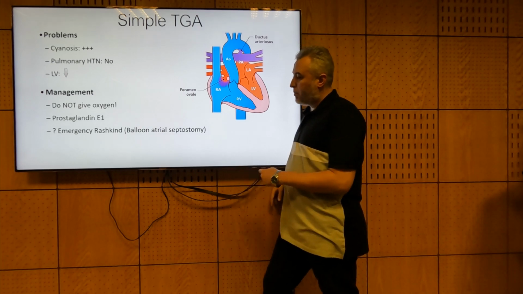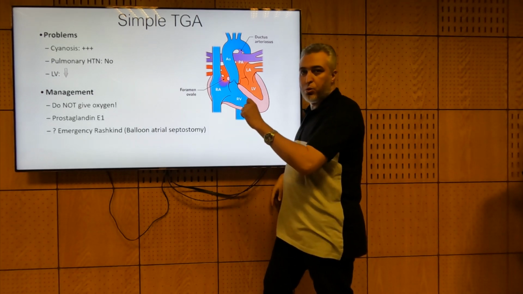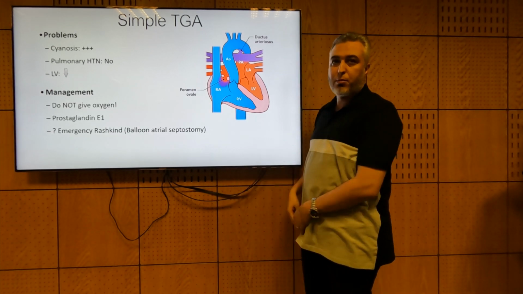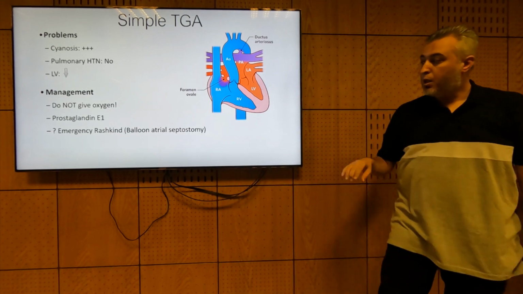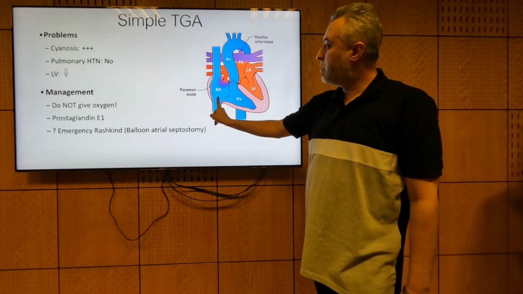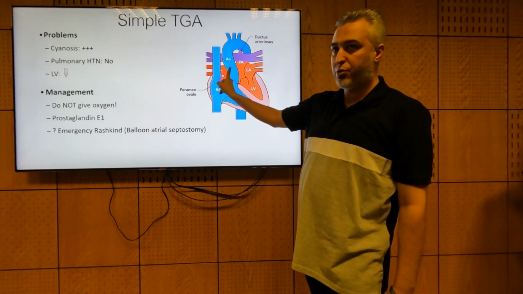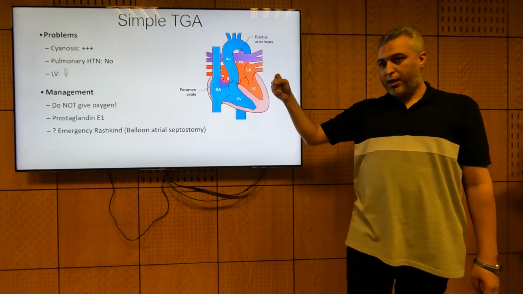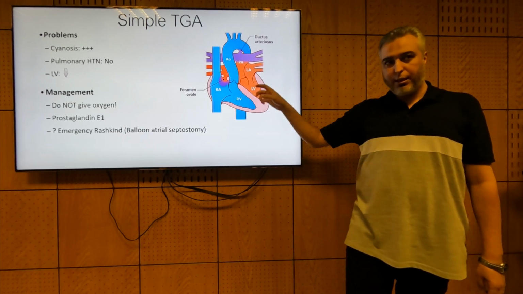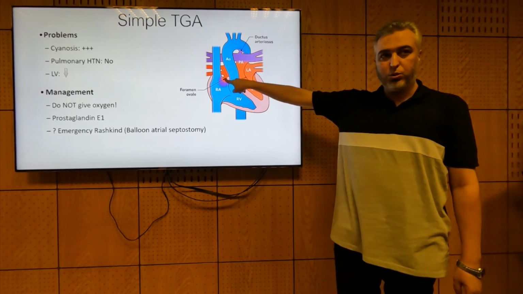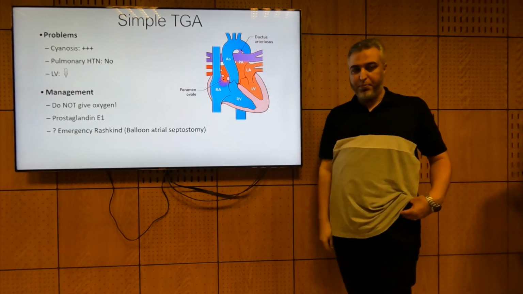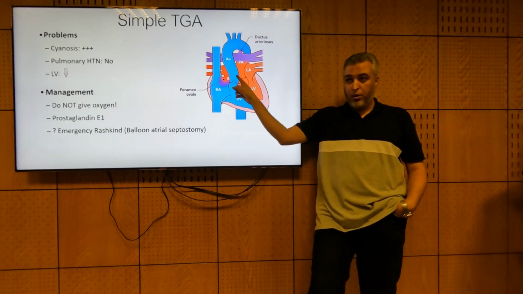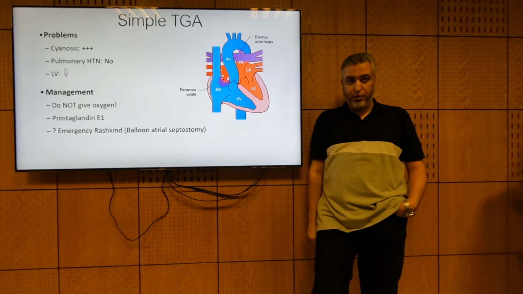So there's a catheter which has a balloon at its tip, and then this passes from the IVC, either coming from a femoral vein or an umbilical vein, passing through the IVC across the PFO into the left atrium, and then this balloon is inflated and quickly pulled, causing a tear in the patent foramen ovale, creating a good communication and a good site of mixing at the level of the atrium.